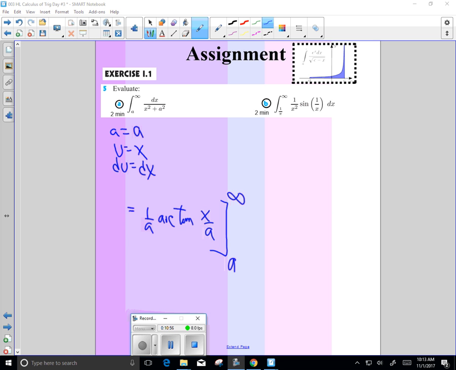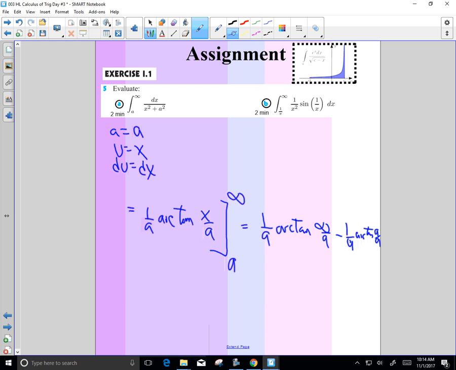So as you're moving along here, you get 1 over a arctangent of infinity over a, minus 1 over a arctangent of a over a. By the way, what's a over a? 1. What is the arctangent of infinity?